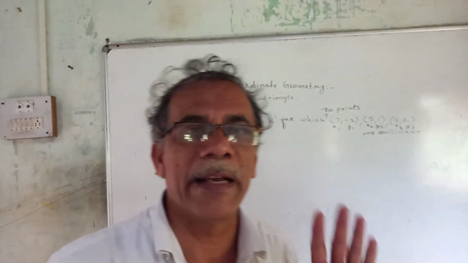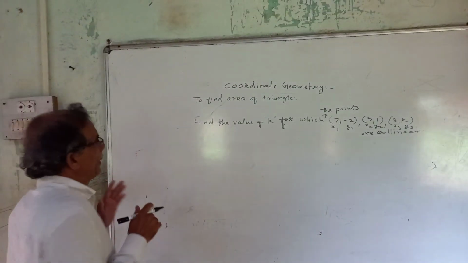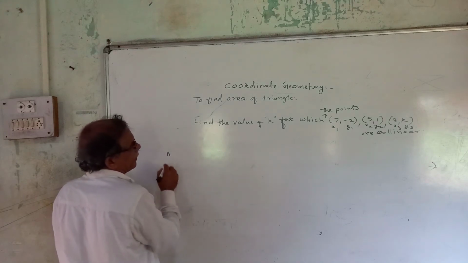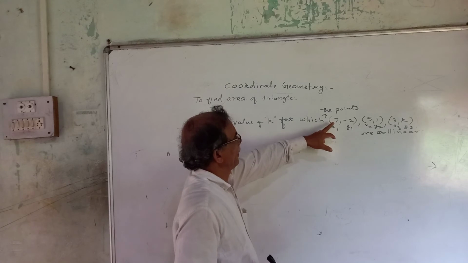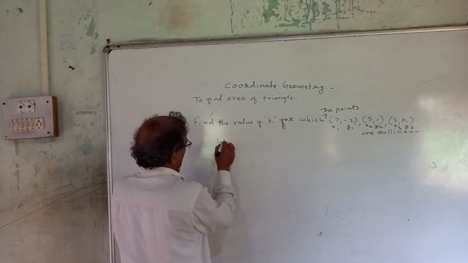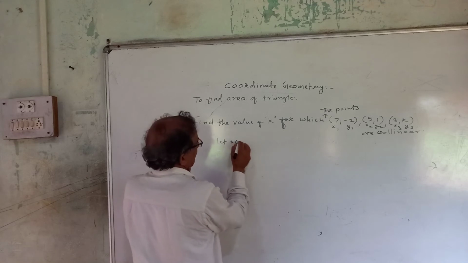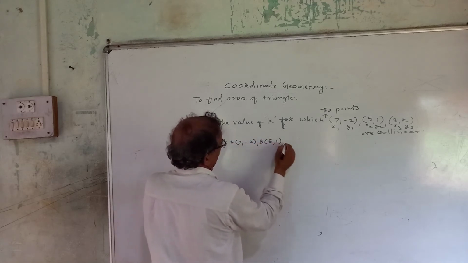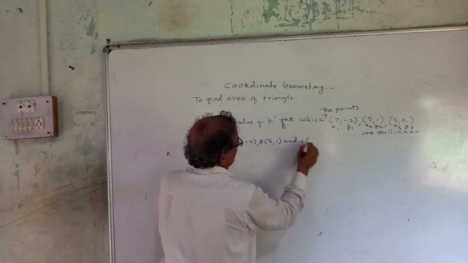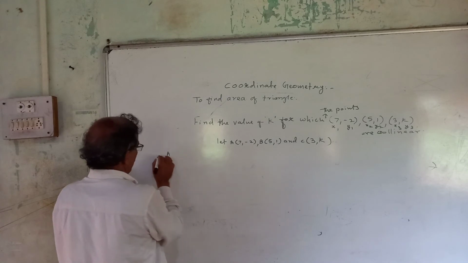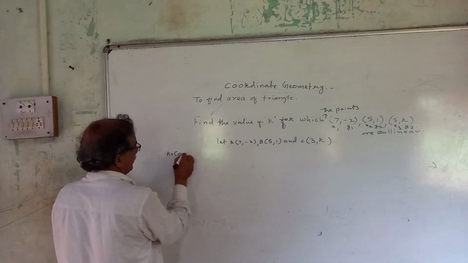No triangle means area 0. So we have to use same formula, that is formula for area of triangle. Now before that there is no naming to this coordinate. So let us try. Let A 7 minus 2, B 5, 1 and C 3k.